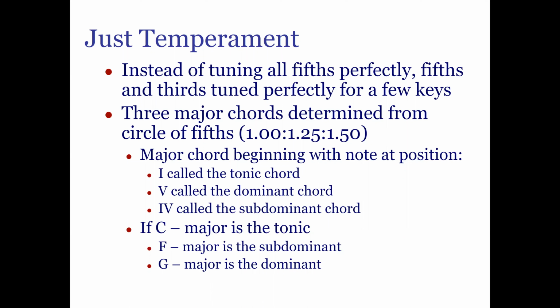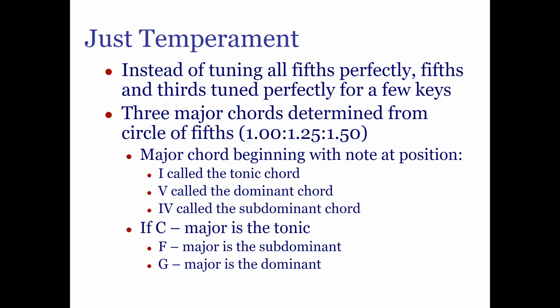But if you notice, the three major chords are determined from your circle of fifths. You're going to end up with 1 to 1.25 to 1.5. Well, remember that 1.25 is actually a major third. And so if you're trying to play a chord and you've got that major third that's pretty out of tune in there, it doesn't sound good.